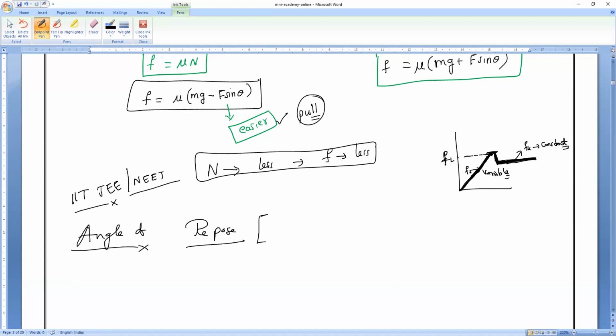This is a basic concept from physics. Angle of repose means friction on not plane surfaces, but inclined plane surfaces.